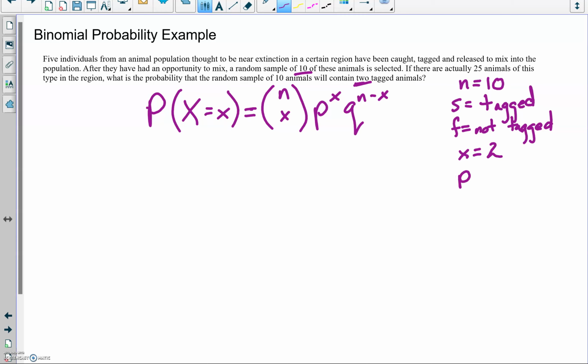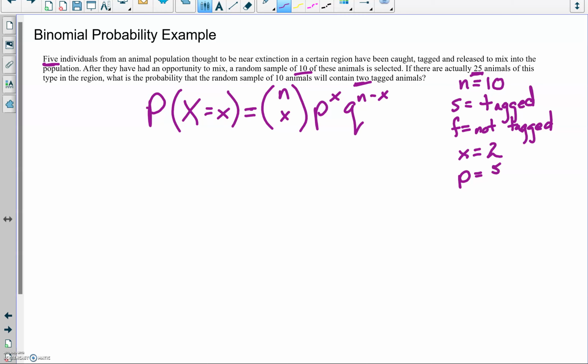And then the probability of the success, the probability of being tagged, this is where we got to go back up into the problem because I need that probability for the answer. Looks like there's actually 25 total and 5 of them were actually caught, tagged, and released.